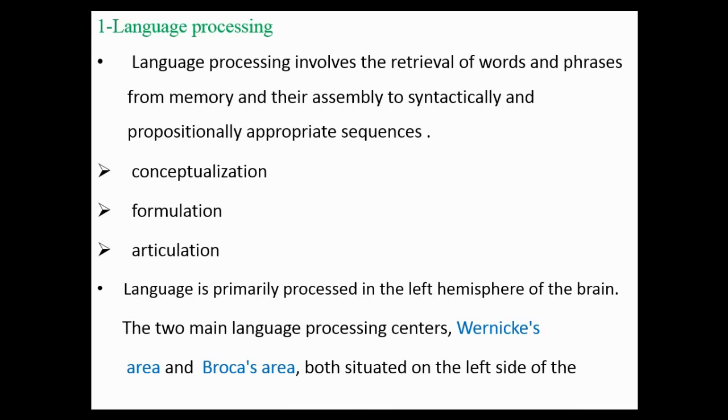Language is primarily processed in the left hemisphere of the brain. The two main language processing centers, Wernicke's area and Broca's area, are both situated in the left hemisphere. Wernicke's area plays a crucial role in comprehension and selection of words when producing a sentence, whereas Broca's area is responsible for articulation of words and the control of grammatical language use.